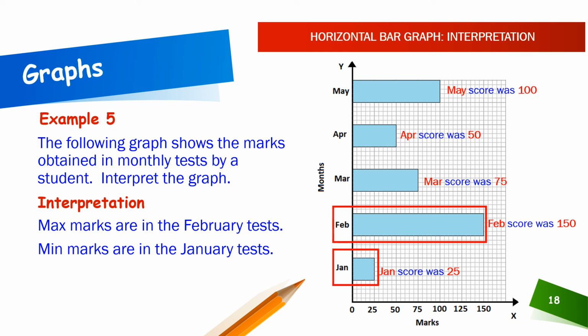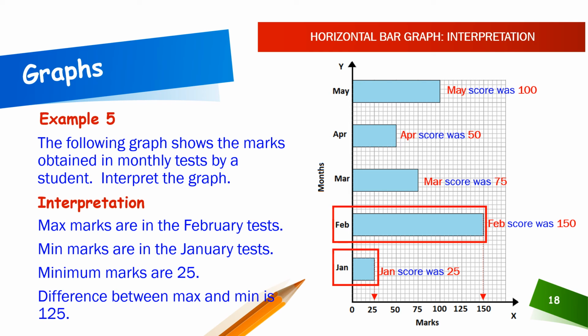The minimum marks were in the January tests, and the minimum marks are of course 25. The difference between the maximum and minimum is 125. There are many more interpretations and observations that you might be able to make. These are just some examples.